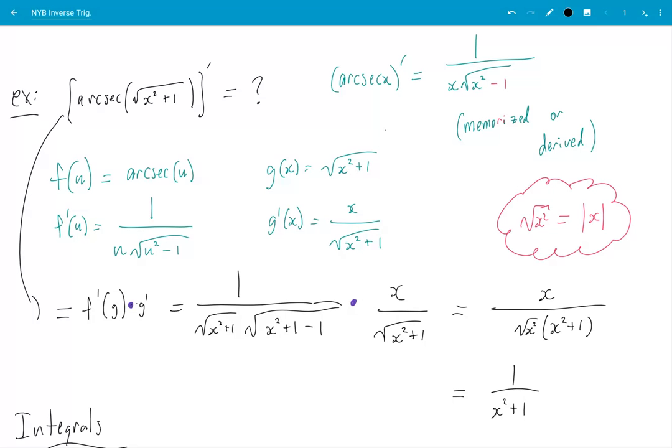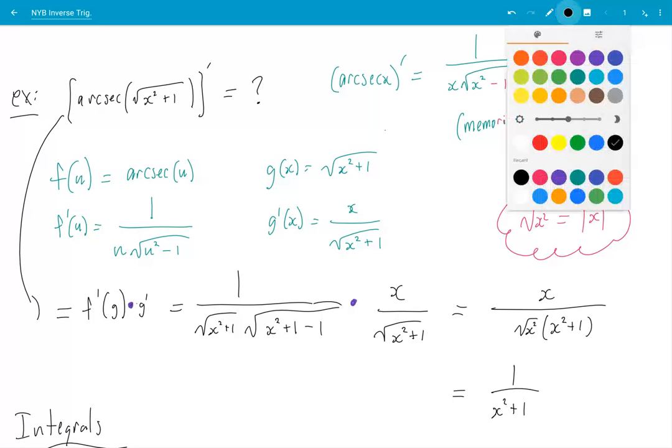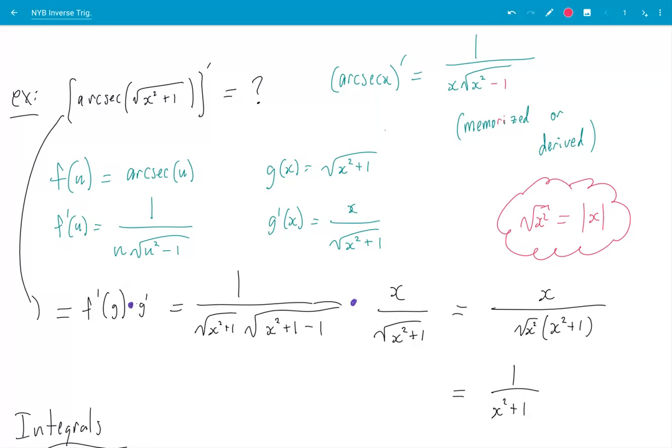Okay, so a bit of a fudge there, but these are details that I'd rather not get hung up on. So I just said, well, this is x, canceling with the x on top.